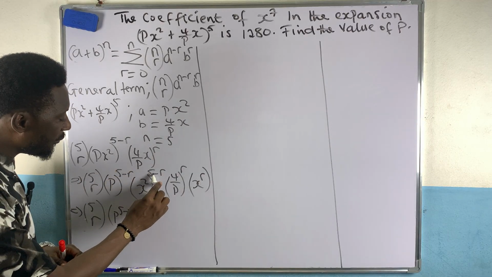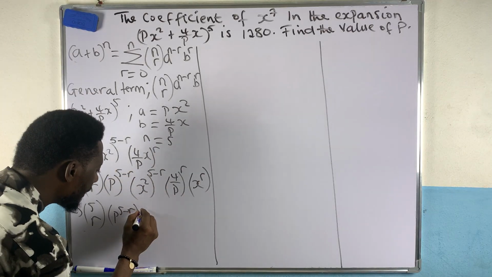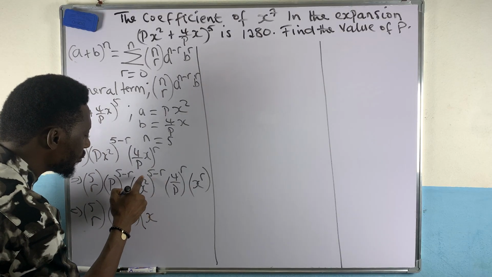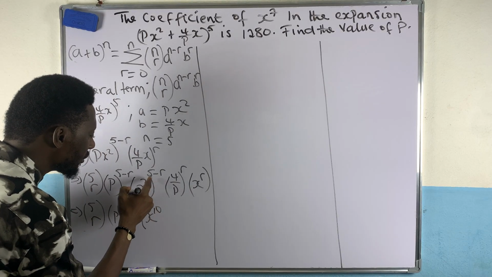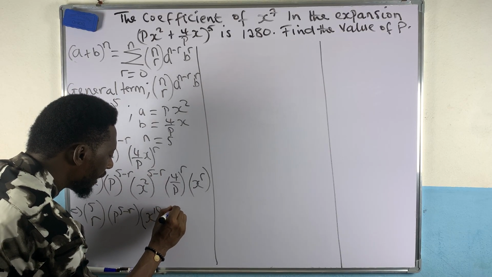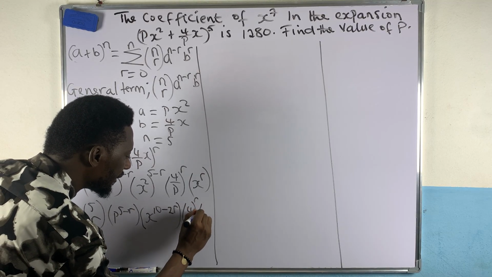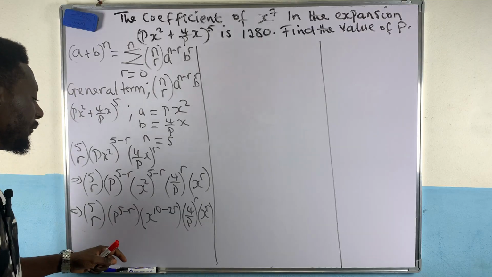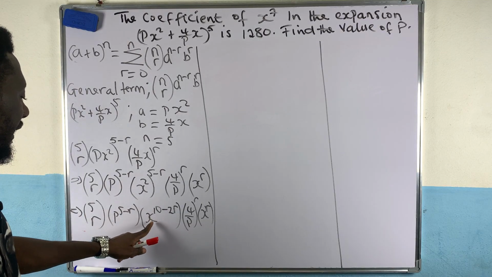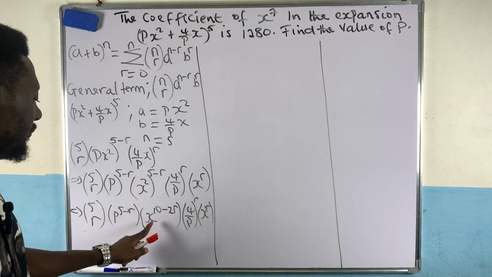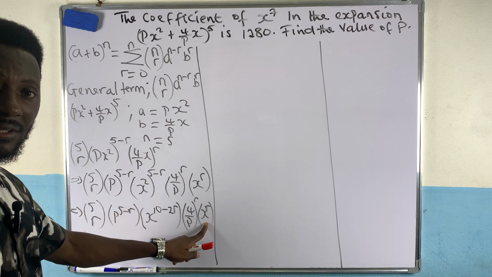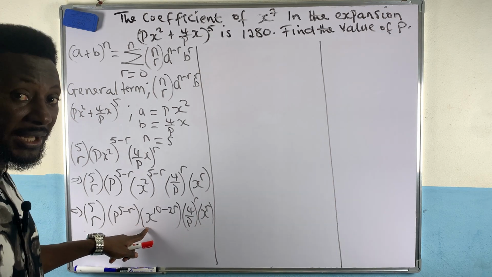So I'll take 2 and multiply by 5 minus r. That will give me x raised to 2 times 5, 10, 2 times negative r, negative 2r, times 4 over p to the r, x to the r. Now at this level, you realize that the x variables are already isolated. So this is a very important step for us.